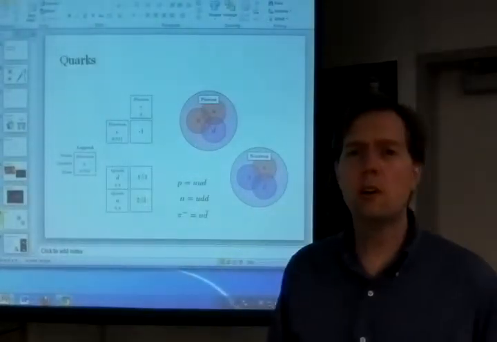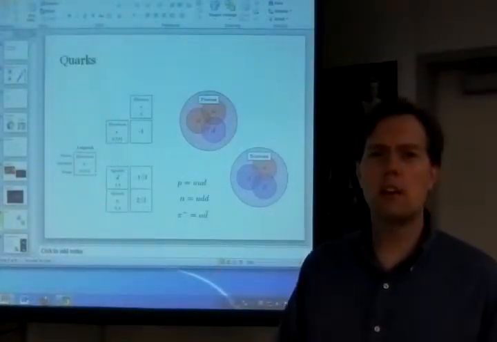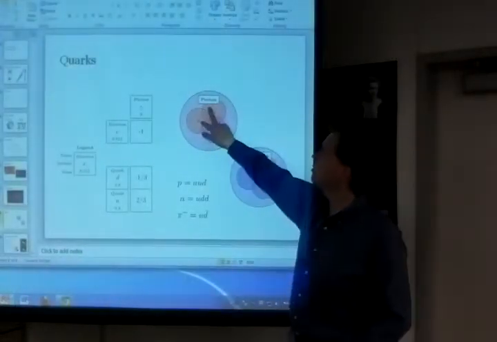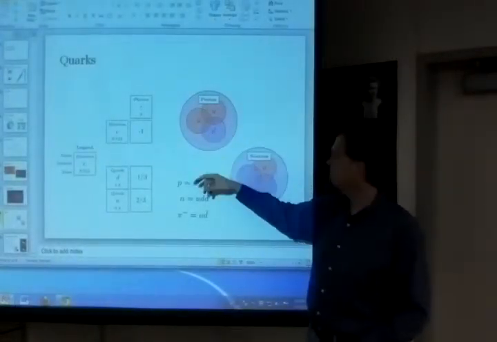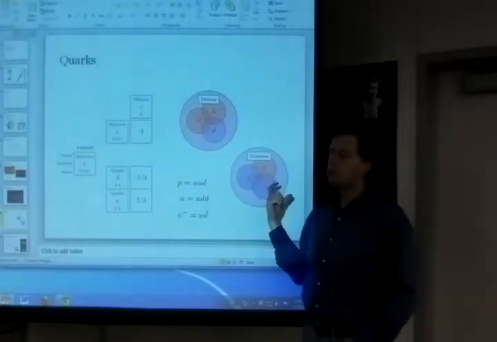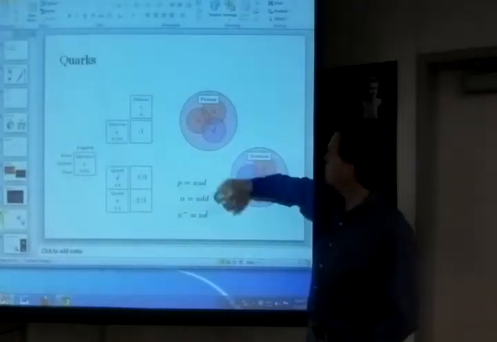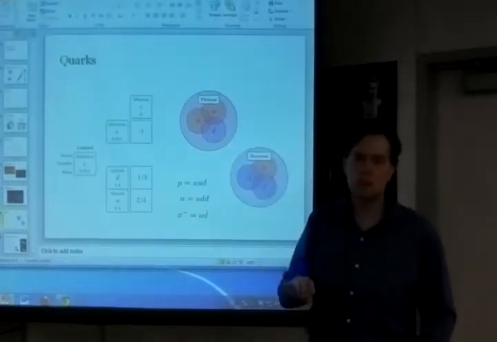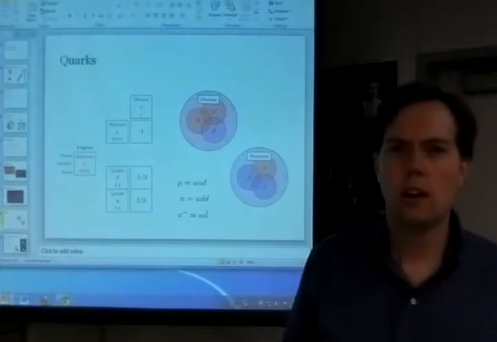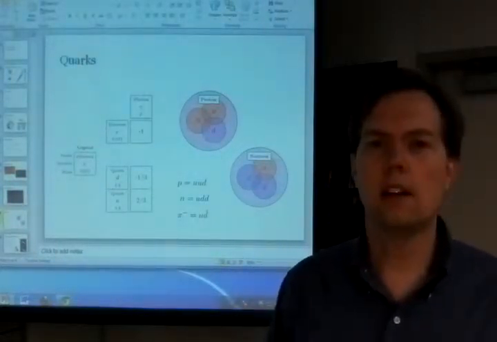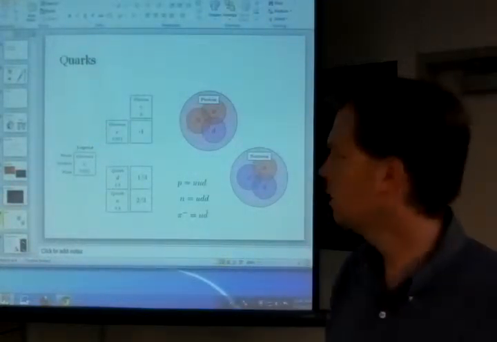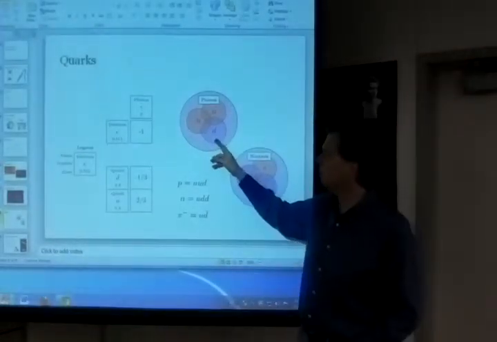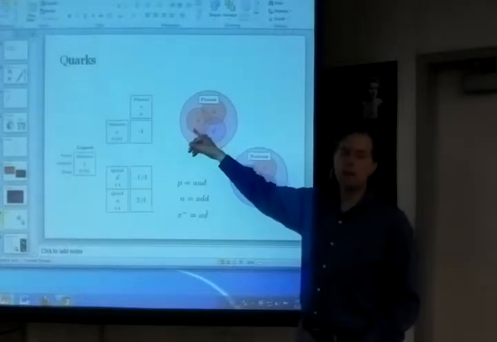But the way the theory works is that these quarks combine together in triplets. And so the proton's composed of two U quarks and a D. The neutron, one U, two Ds. So that's the difference between these, just an up and a down quark. And in order to make the electrostatic signs work, essentially you have to say that the D quark's got a negative third, the U quark's got a positive 2/3.